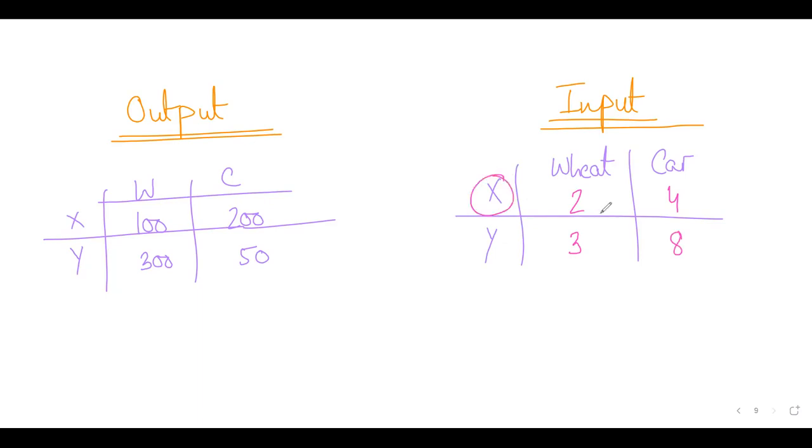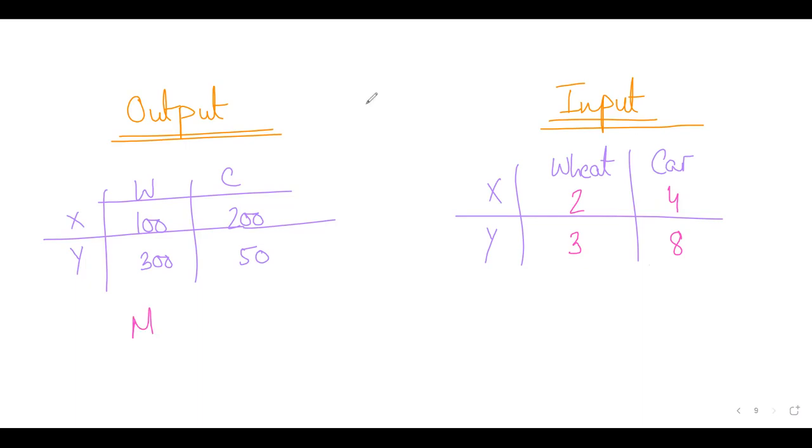If X can produce wheat with 2 inputs, whereas Y needs 3 inputs to produce wheat, X has absolute advantage in wheat. And similarly for cars, if X needs 4 units of inputs to produce cars and Y needs 8 units, X will have absolute advantage in cars, right?